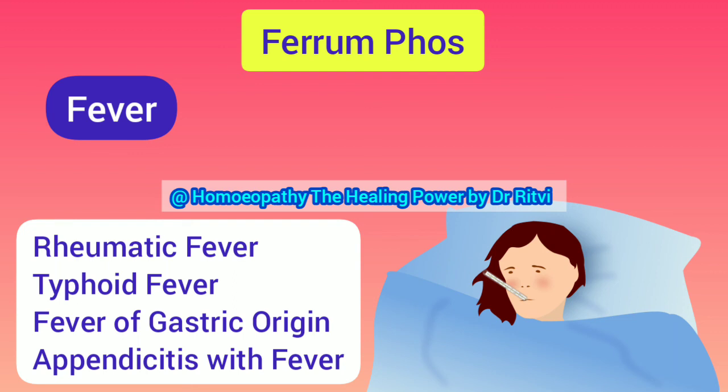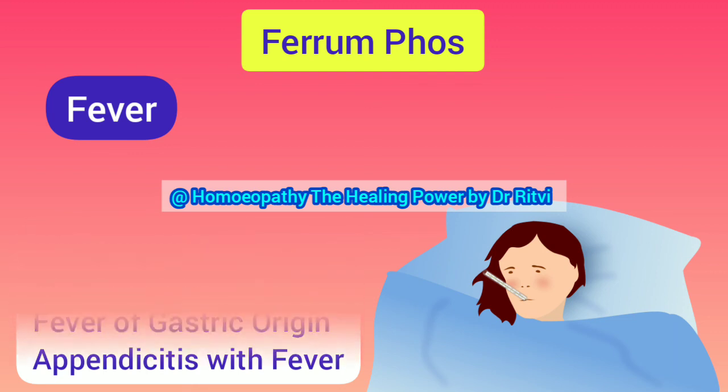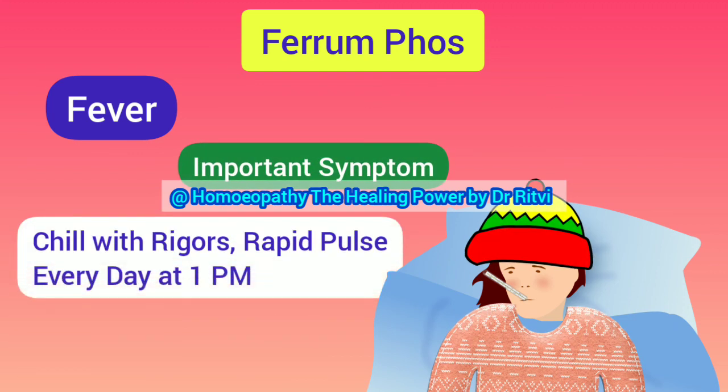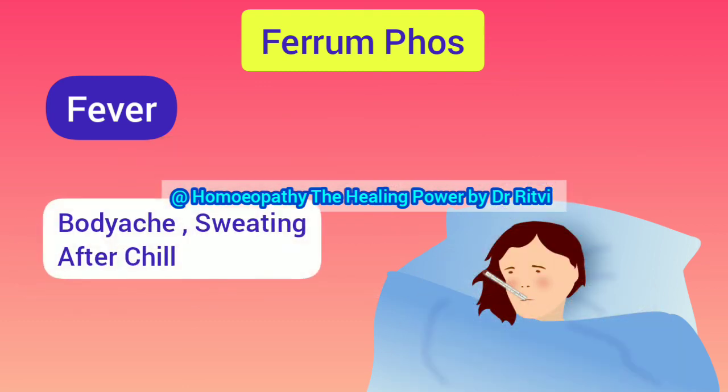Here there is one peculiar symptom, and that is there is severe chill with rigors with rapid pulse, and this chill occurs every day at 1 p.m. Time modality is one of the keynote symptoms while selecting Ferrum Phos in the cases of fever. After chill stage, there is severe body ache and profuse sweat.